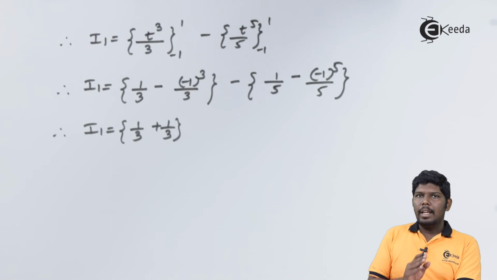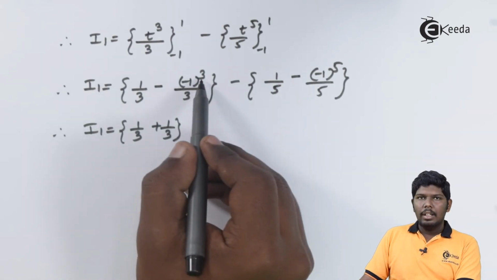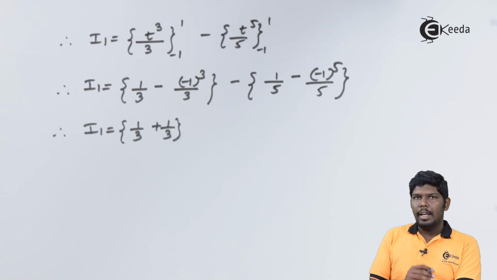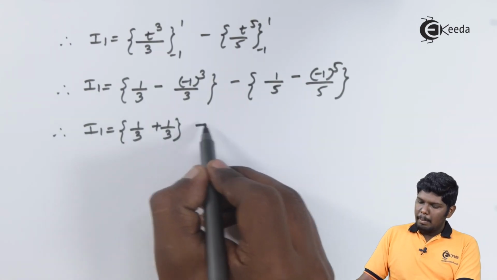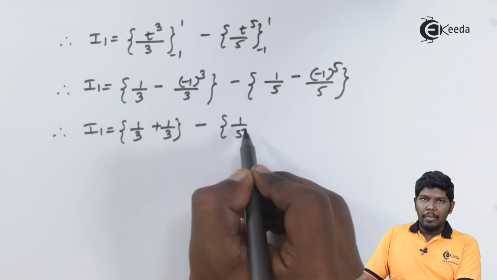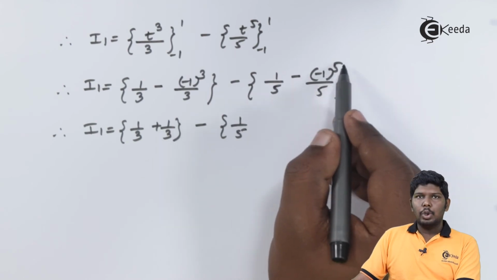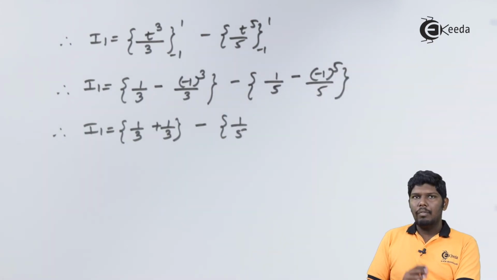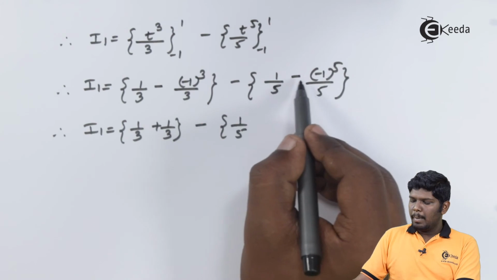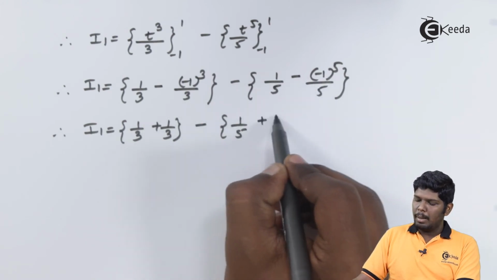Remember, whenever minus has an odd power, it will give you negative sign, and minus term having even power will give you positive answer. Here the power was odd, therefore we have a negative 1. Minus, we have 1 by 5, again minus 1 raised to odd power, so we have minus 1 again, and that minus into minus will give you plus 1 upon 5.